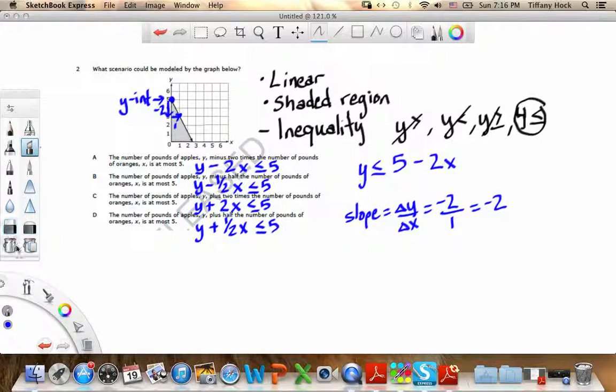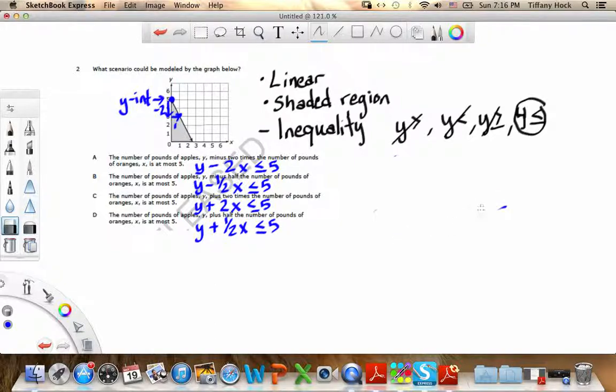Alright? So as I'm going over this and looking to see which one of these equations actually works out, what I have to do is these aren't in y equals form, they're not in slope-intercept form, so to do that I just have to get the x's on the other side. So if we have y minus 2x, I can't just move minus 2x over here. I have to cancel out these minus 2x's. And to do that, if you have y minus 2x is less than or equal to 5, to get y by itself, that means we would have to add 2x to both sides.